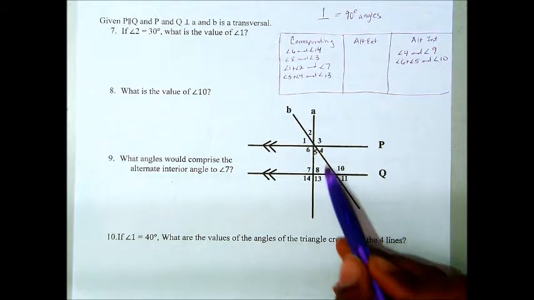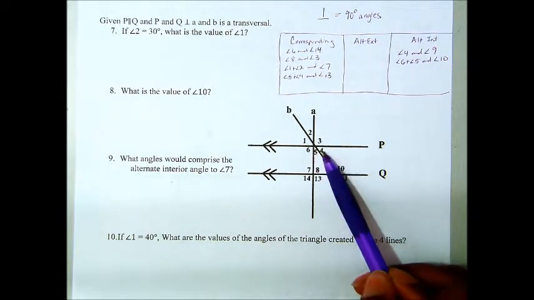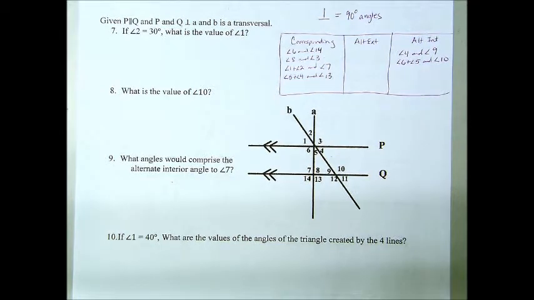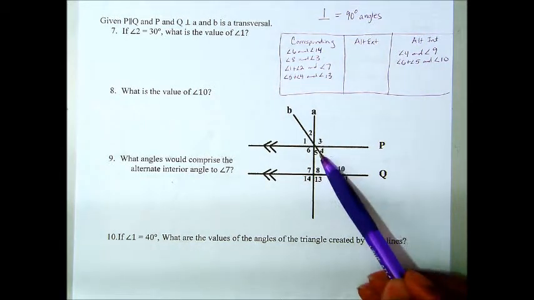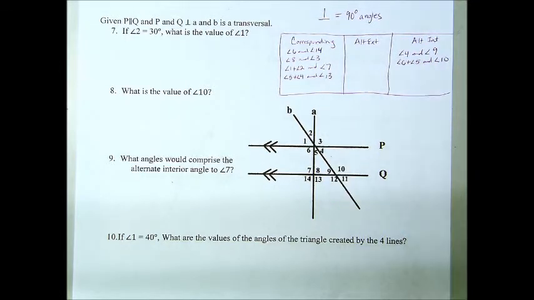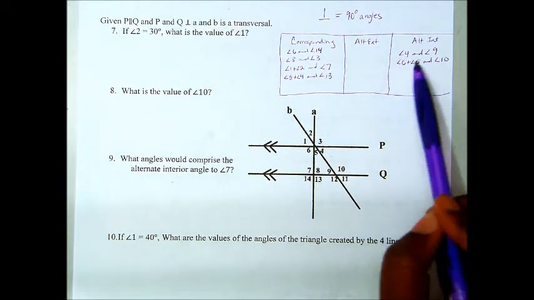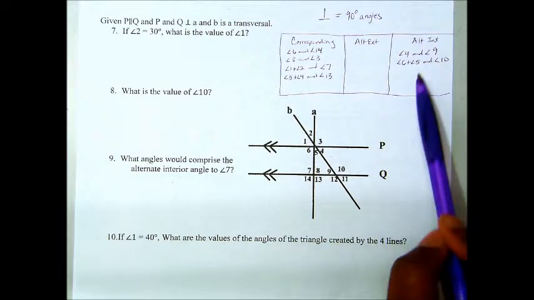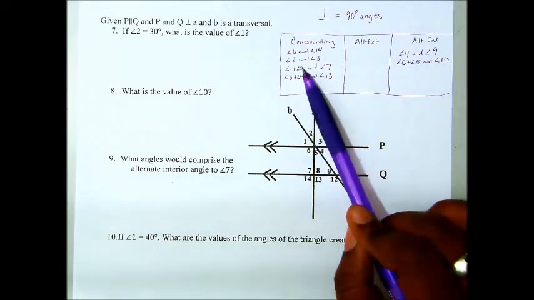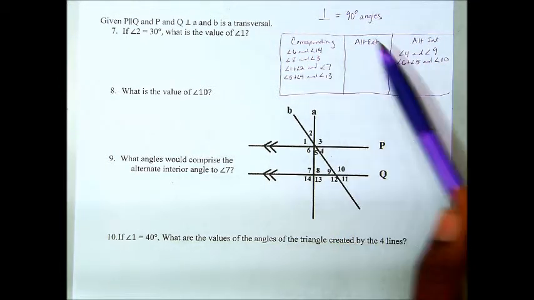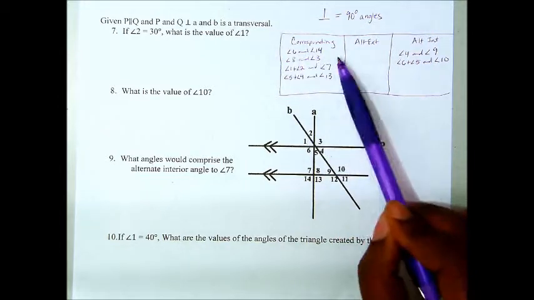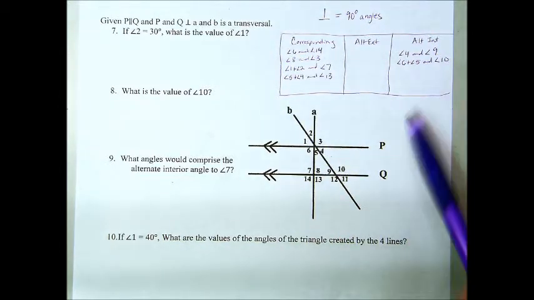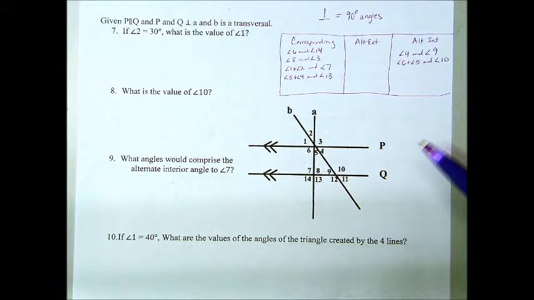I also know angle 5 plus angle 4 is going to equal angle 7. And see, we can make a decision that we want to use that. But right now, I just want to make sure I use everything at least once. So 1, 2, 3, 4, 5, 6, 7, 8, 9, 10. I still haven't used 11 and 12.